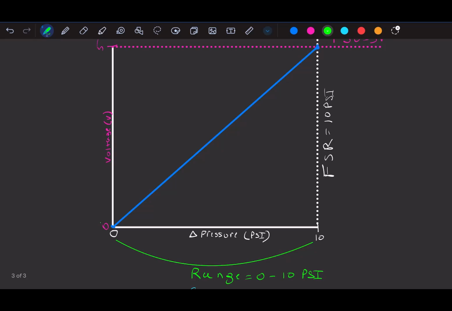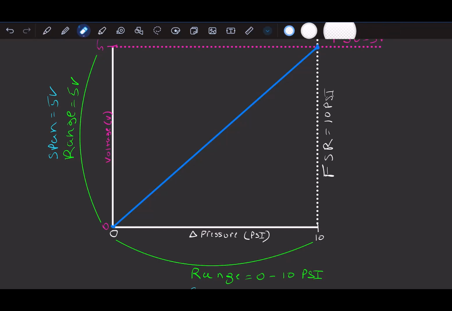So we have our output range, and our span for our output is also going to be 5 volts. Whoops, I should draw this in here correctly. Our range is 2 values, not 1. Our range is 0 to 5 volts.